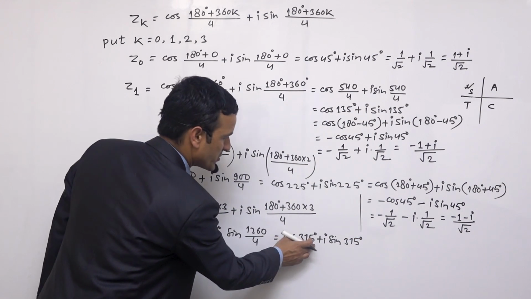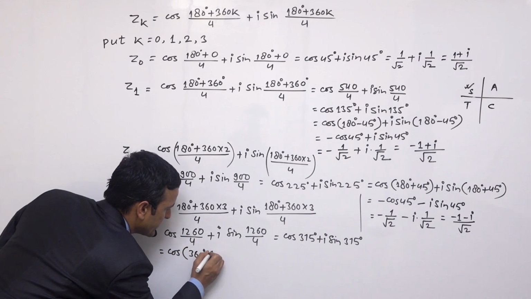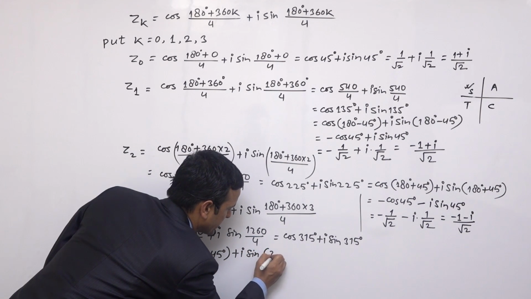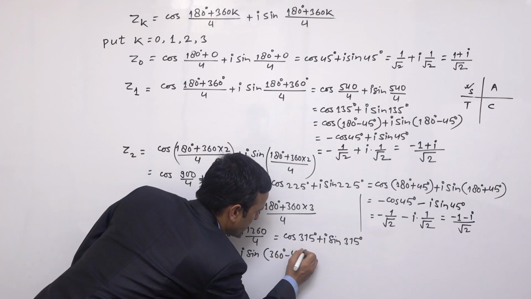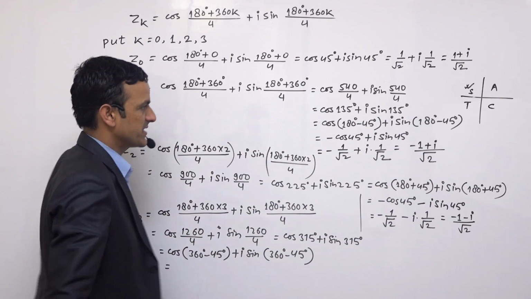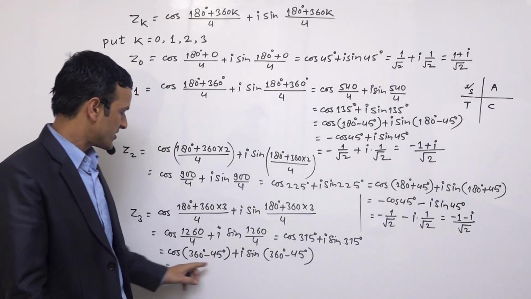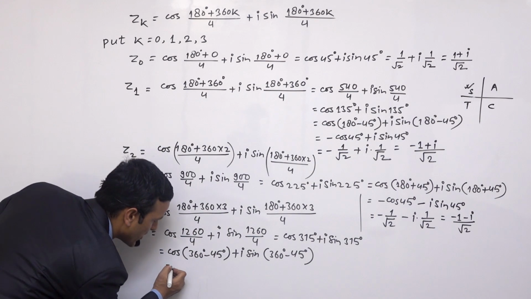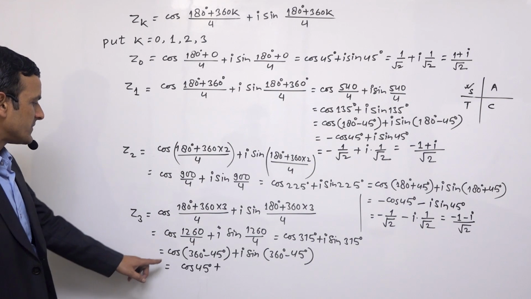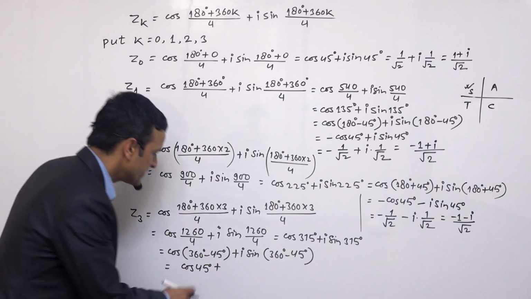Now we can substitute the value over here. Then this will be cos (360 minus 45) plus i sin (360 minus 45). Cos (360 minus theta) means this is the fourth quadrant, that's why cos is positive. So write down the plus sign and it will be cos 45 degree only. Cos (360 minus theta) means cos theta, and theta is 45.